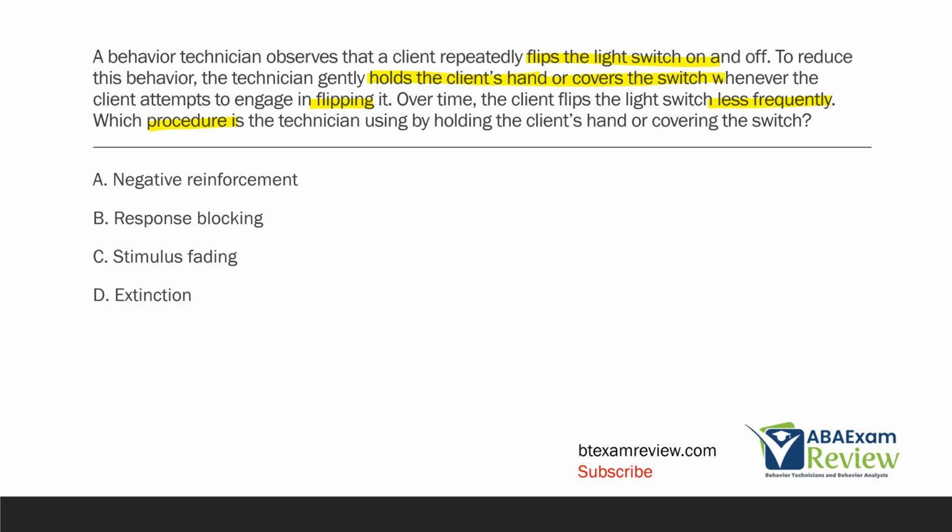So this is actually a punishment procedure called response blocking. And then C, stimulus fading. We're not talking about prompt fading here or reinforcement fading. We're talking about the technician preventing the behavior from occurring, or response blocking. So the procedure the technician is using when they hold the client's hand or cover the switch is response blocking.